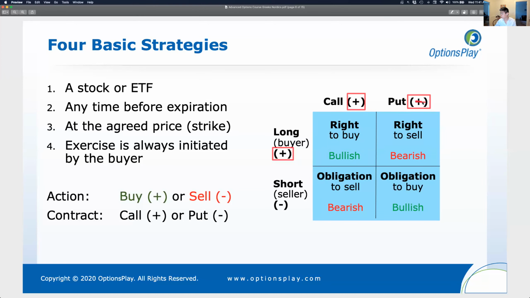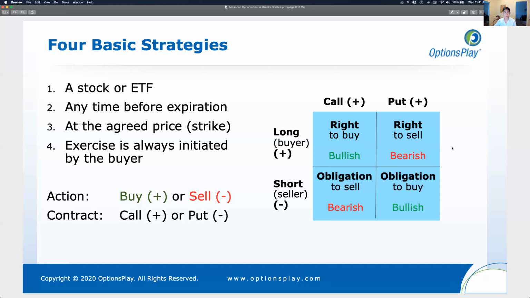Shorting is negative, because I think that makes logical sense. Buying and calls are positive, selling and puts are negative. If you simply multiply them together, that's how you know whether you're getting a bullish or bearish strategy. If it's positive, then it's bullish. If it's negative, then it's bearish.